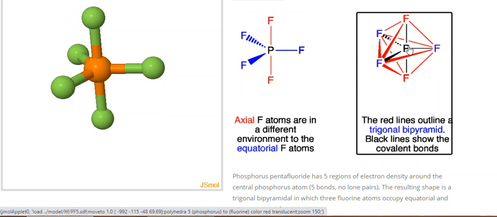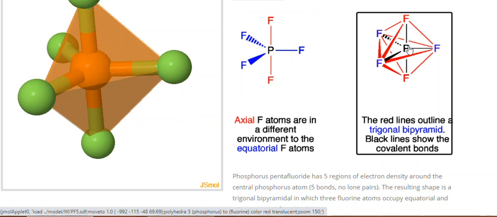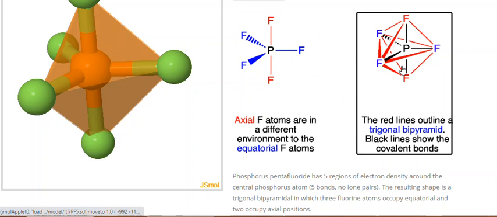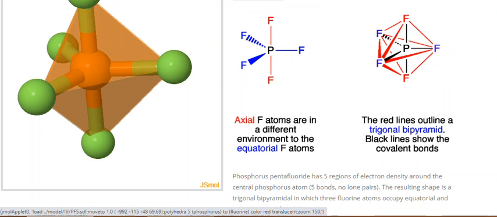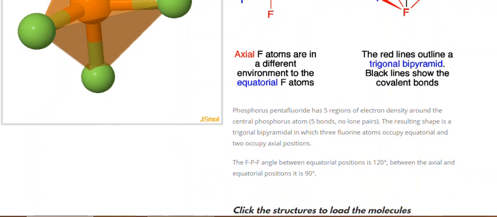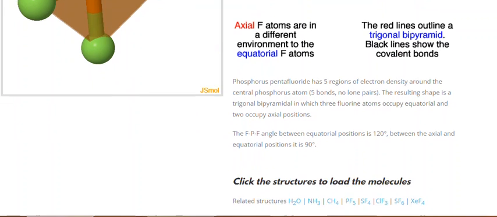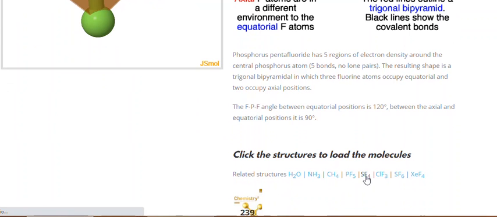The red lines outline a trigonal bipyramid, while the black lines show the covalent bonds. The fluorine-phosphorus-fluorine angle between equatorial positions is 120 degrees, while between axial and equatorial positions it is 90 degrees.